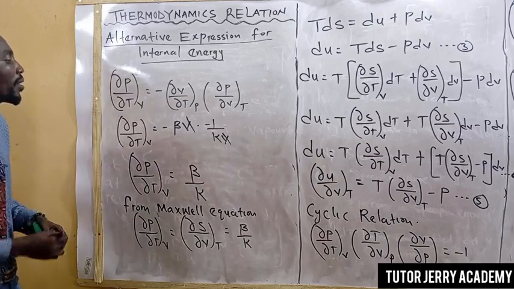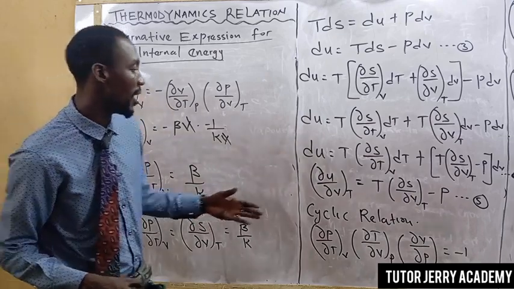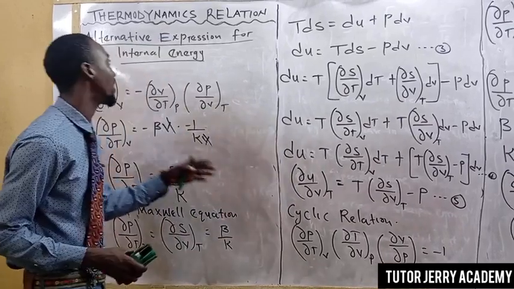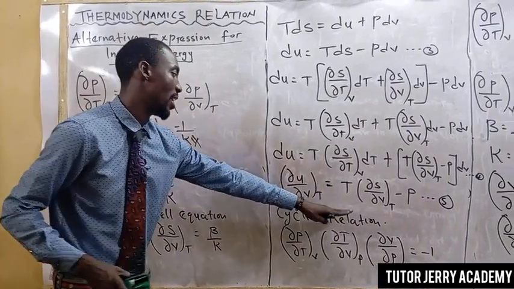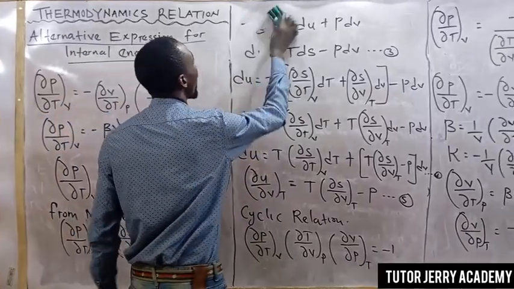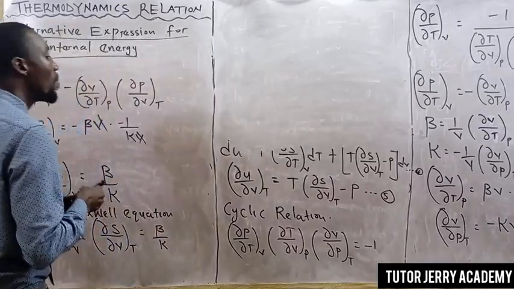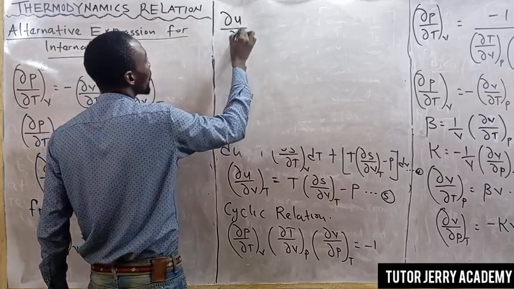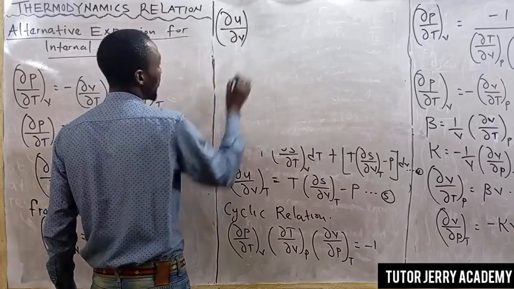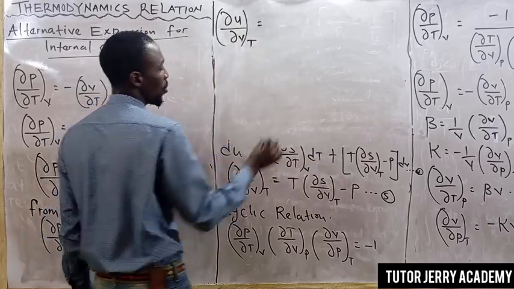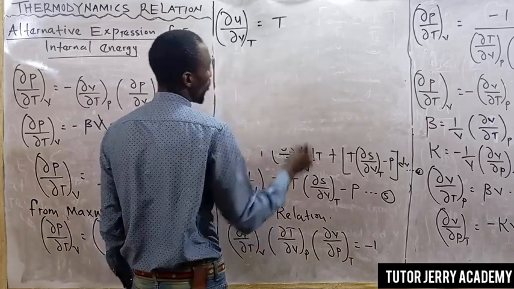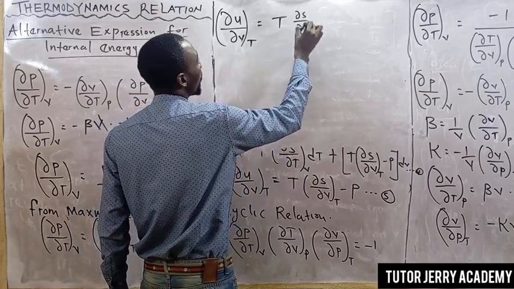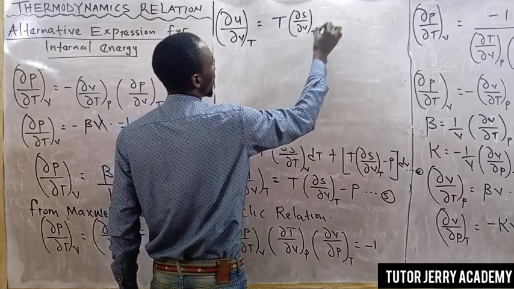All right. Now, let's go back to our equation 5, because that is the equation that involves the internal energy. So if we go back to our equation 5, we have the partial derivative of u all over the partial derivative of v, keeping t constant, will be equals to t into the partial derivative of s all over the partial derivative of v, keeping t constant, minus p.